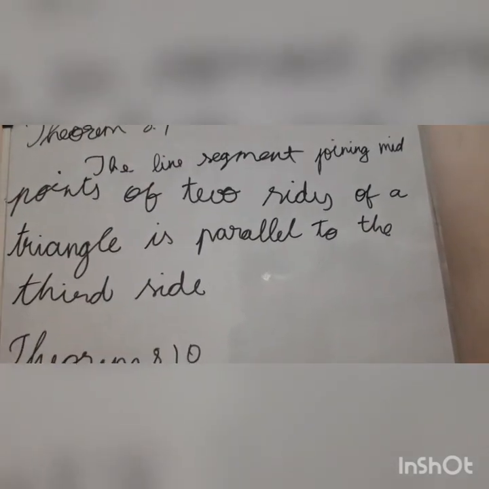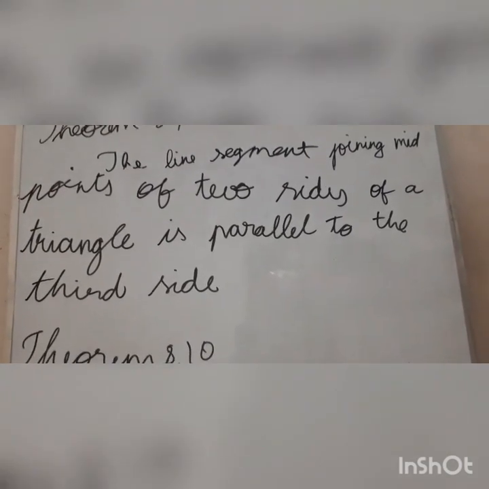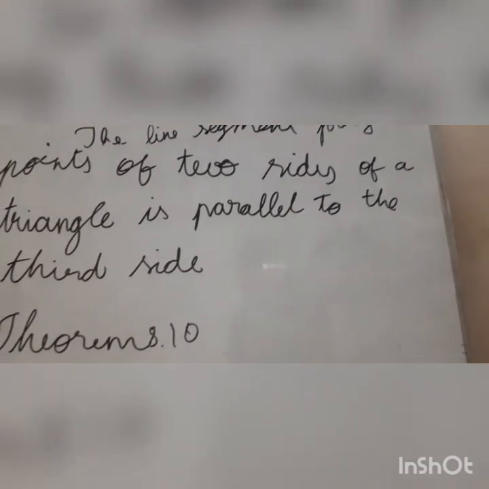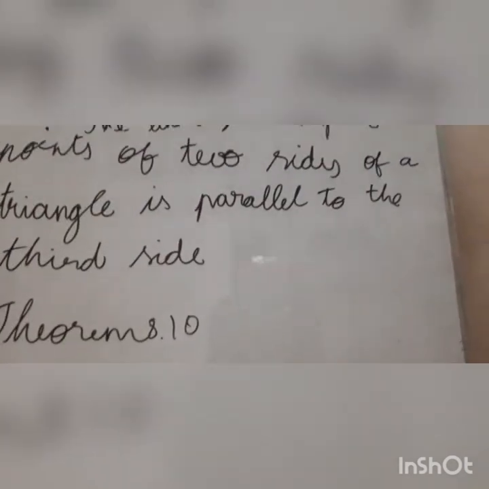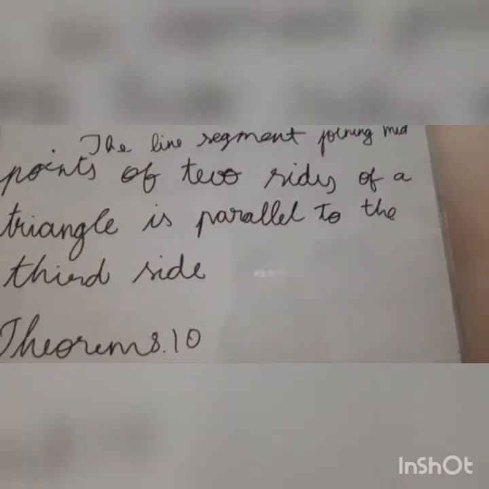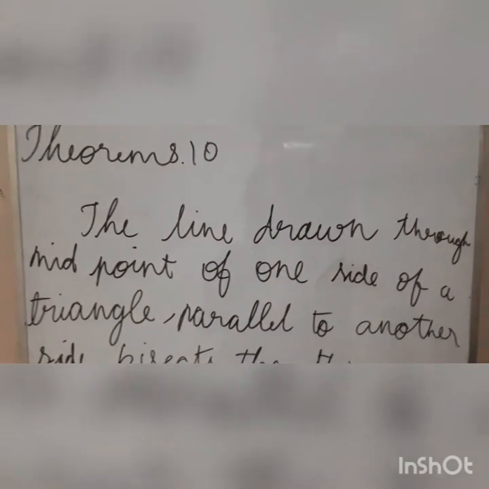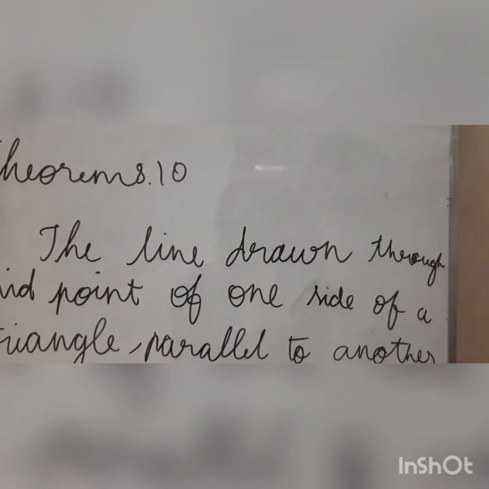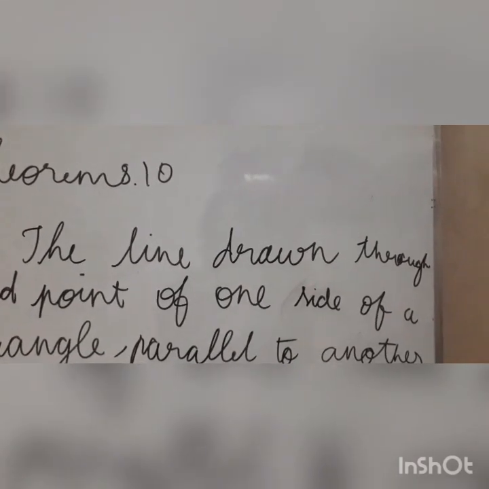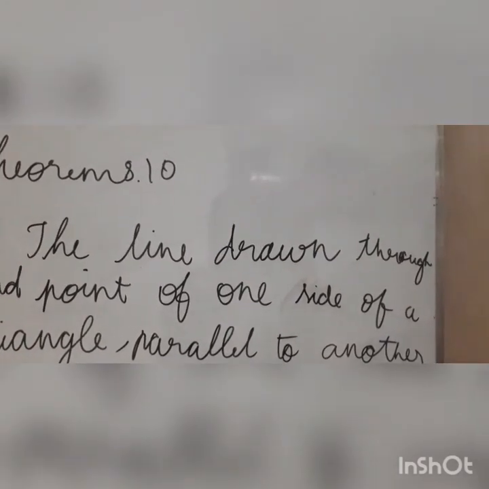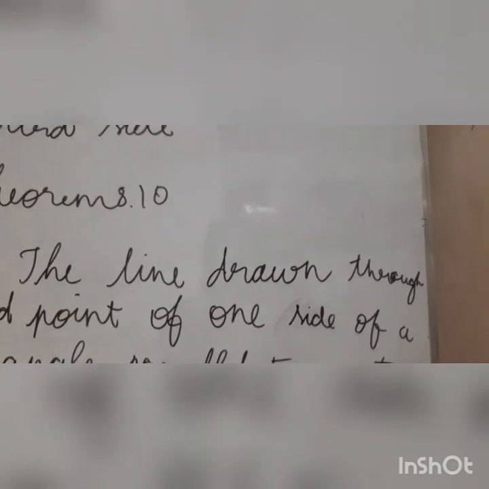And also in theorem 8.10 they told that the line drawn through the midpoint of one side of a triangle parallel to another side bisects the third side. So that's all. We completed the introduction of chapter 8.